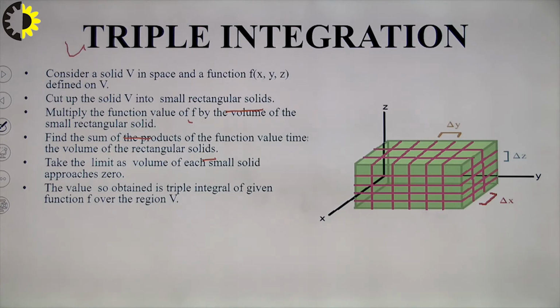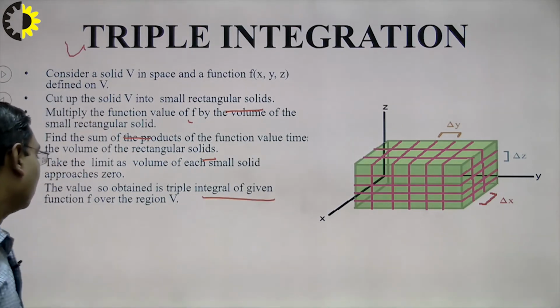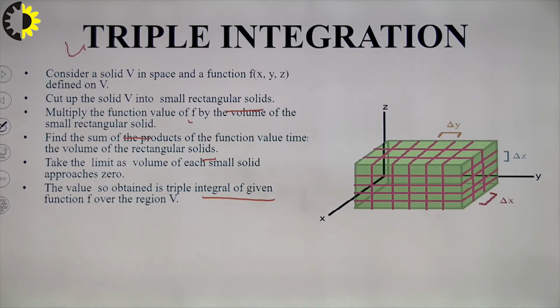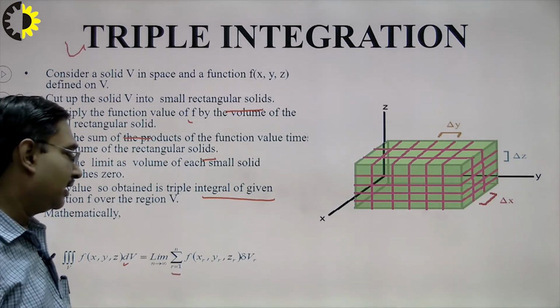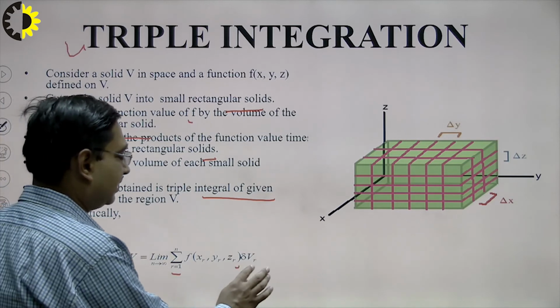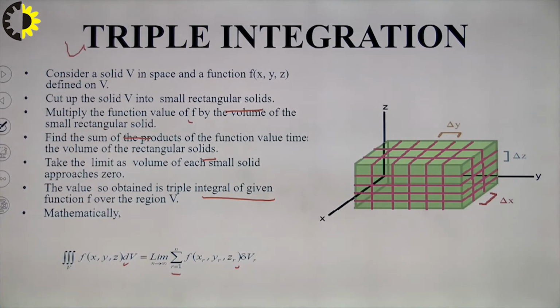The value so obtained as a limit of sum is the triple integral of the given function f over the region V. Mathematically, this triple integral over V of f(x, y, z) dV will be the limit as n tends to infinity of the sum for r from 1 to n of f(x_r, y_r, z_r) delta V_r.